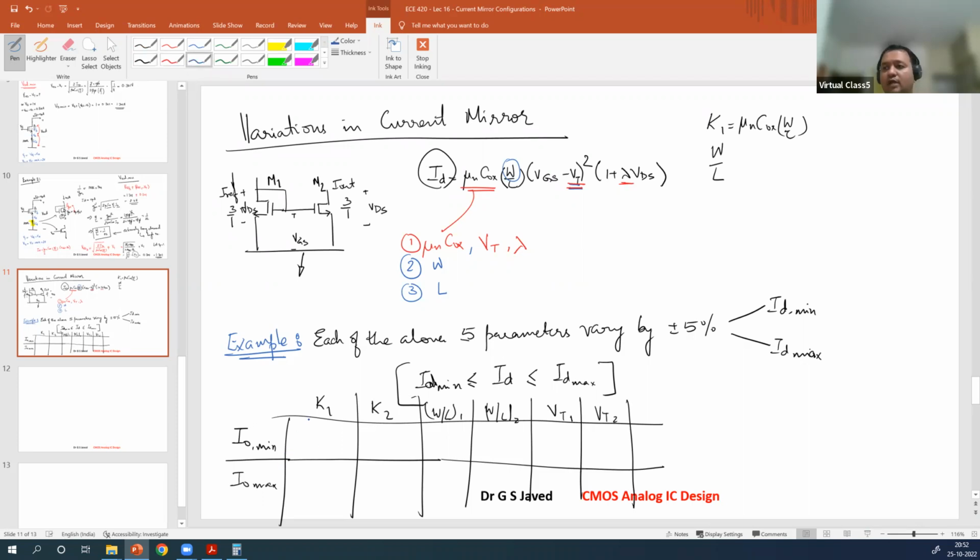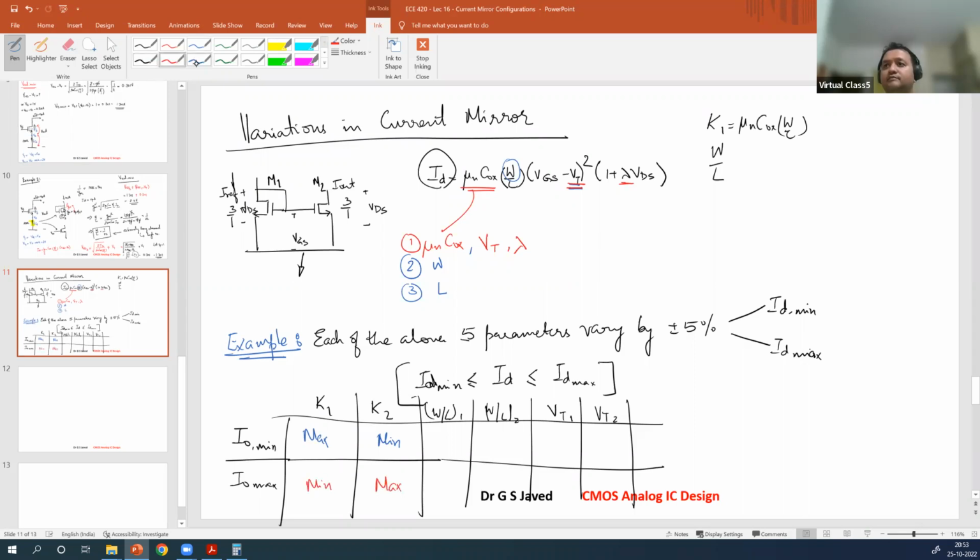So for I out, for I out min, K1 is mu and Cox. If we need to be min, this needs to be max, the other needs to be min, right? So if you associate K2 here, this will become minimum, this will become maximum. Likewise, on the opposite side, when K2 is maximum, K1 will become minimal.